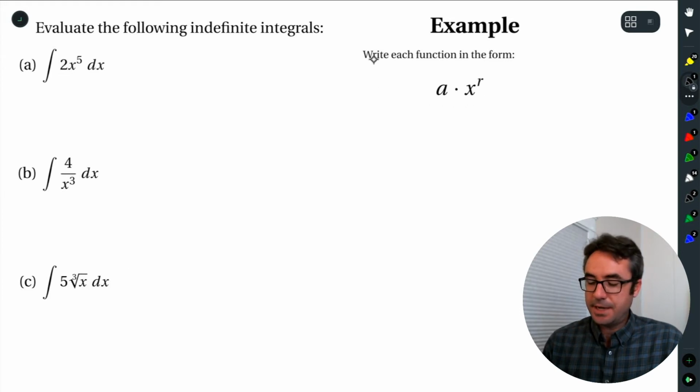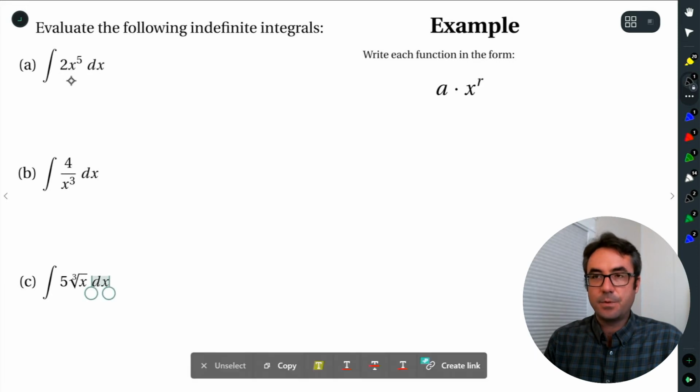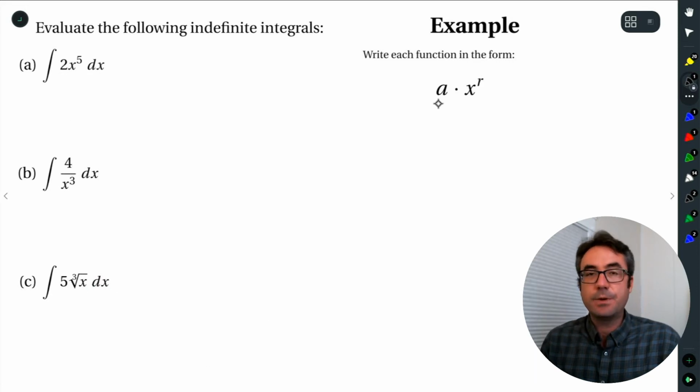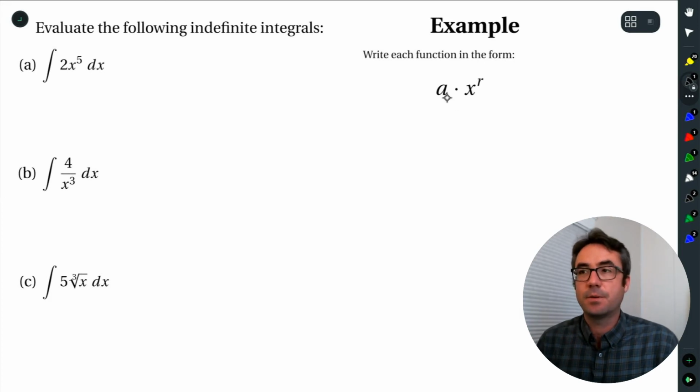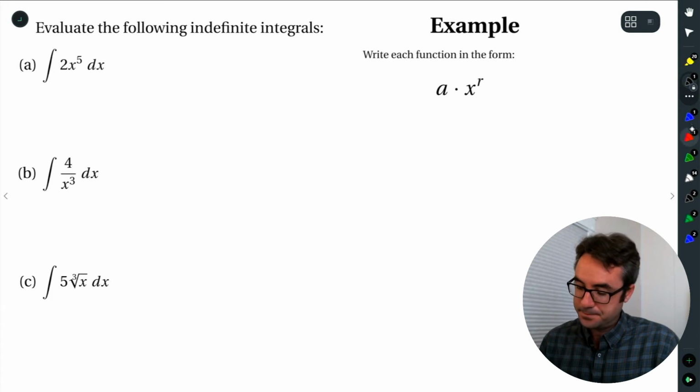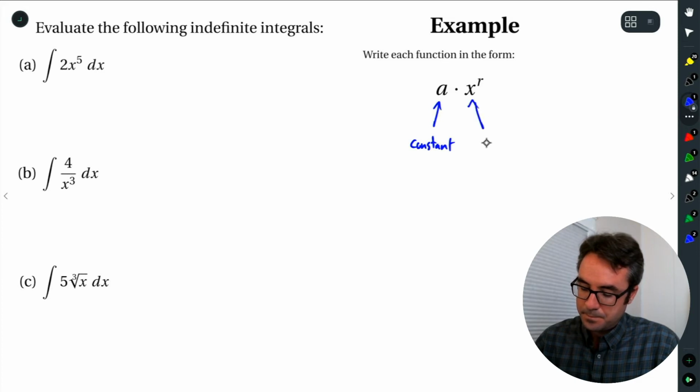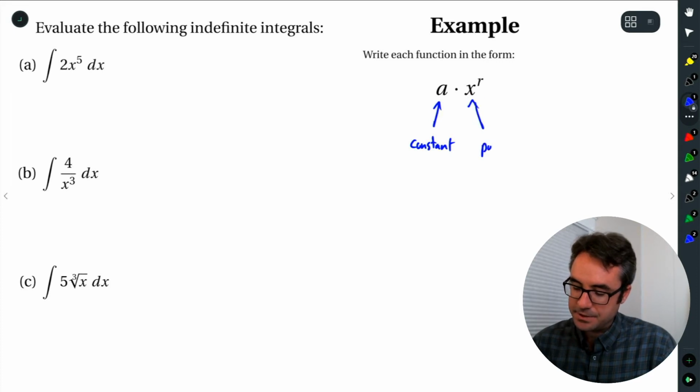When we have these types of terms, what we want to do is try to rewrite them or get them in this form of a constant times a power function. So we're always looking to rewrite our functions in this form, if possible.